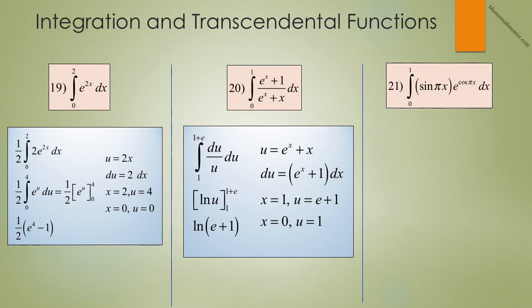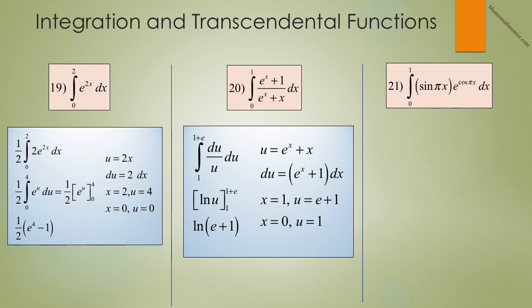20 reads the integral from 0 to 1 of e to the x plus 1 over e to the x plus x dx. We will let our u equal the denominator e to the x plus x, and du is e to the x plus 1 dx, which we have. So this problem becomes the integral of du over u. We will change the limits. If x is equal to 0, then u is equal to 1.